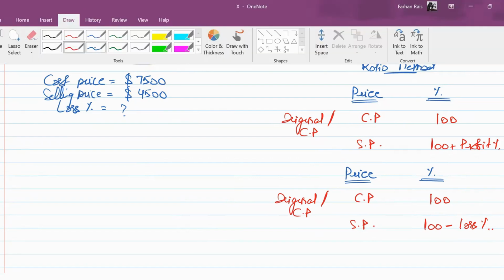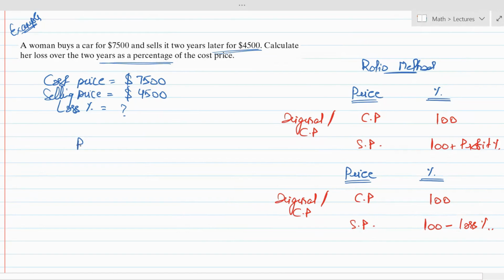So ratio method, if it's to be used, we have the set of values as price against the percentages. First row of values is always the original, and original is the cost price. And cost price is always against the 100. And then we have the selling price, which is always against the loss percentage. So in case of this question, we have the cost price as 7,500, which is to be written against 100.